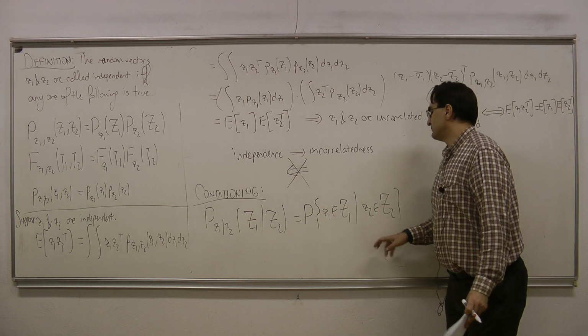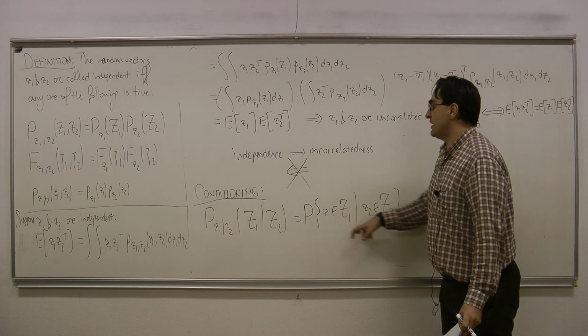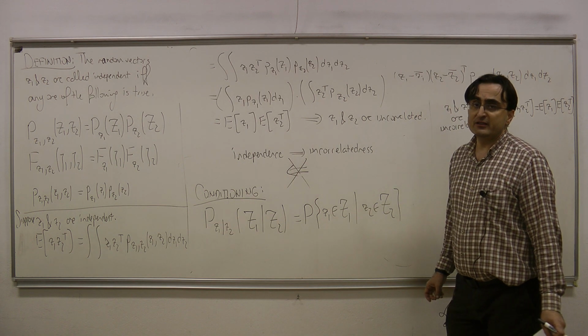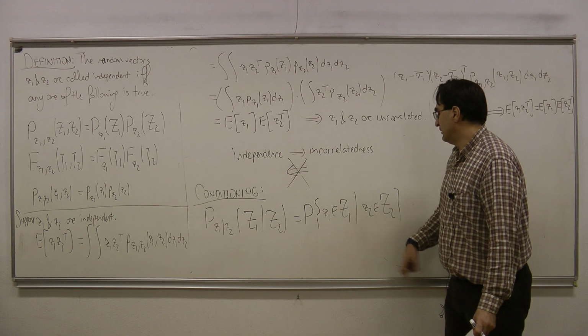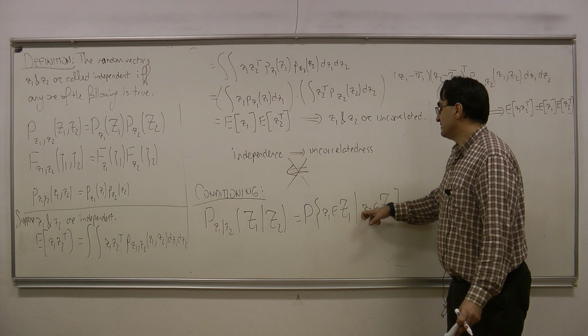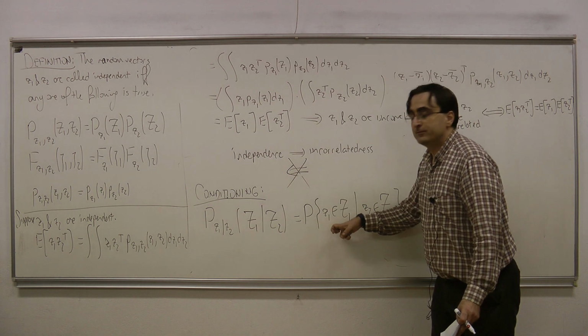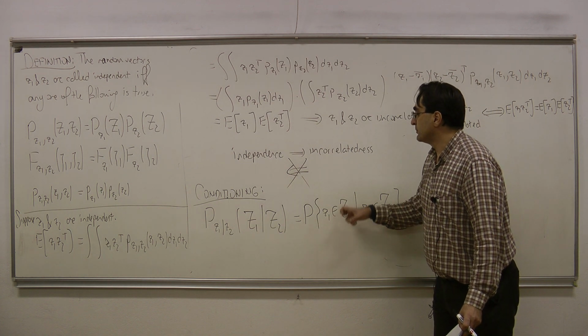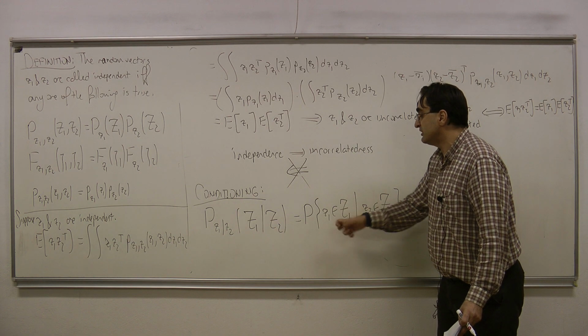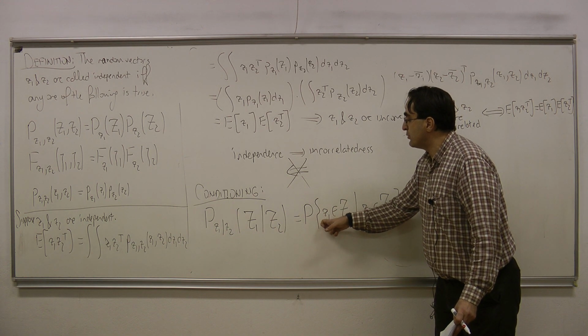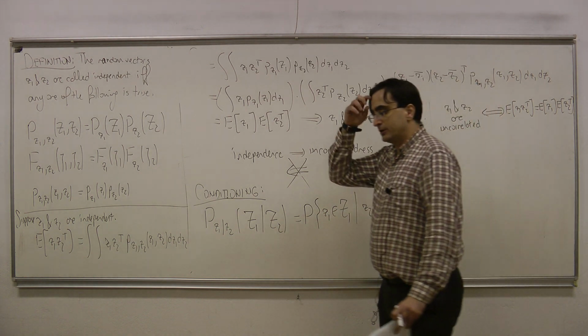So if these two random variables are not independent, then knowing that Z2 is inside a subset would give us information about the probability of the event of Z1 being inside capital Z1.